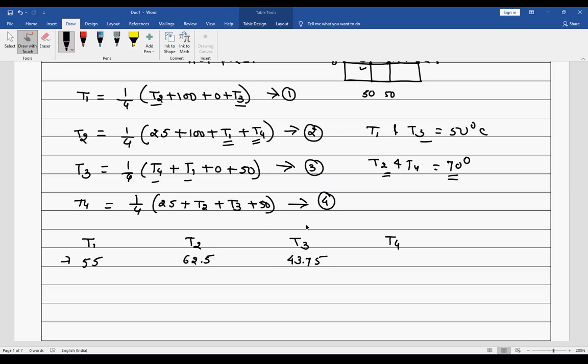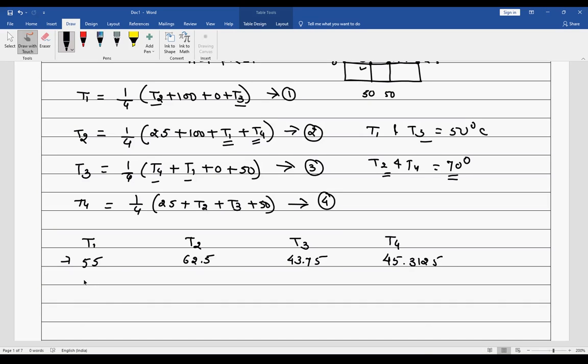Get the value of T4 from equation 4. 45.3125.